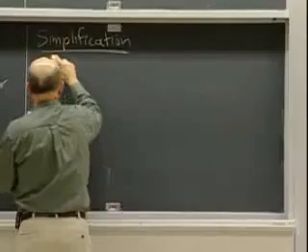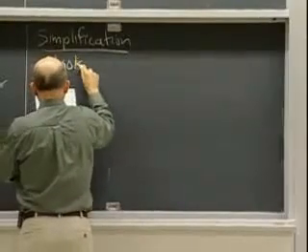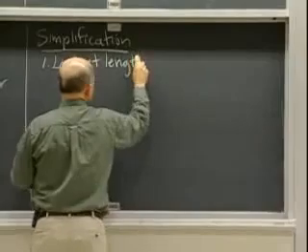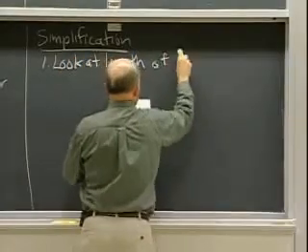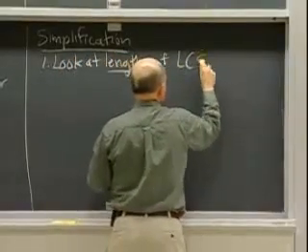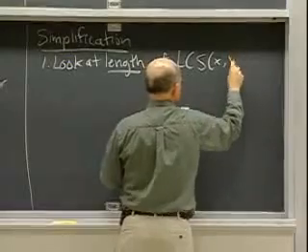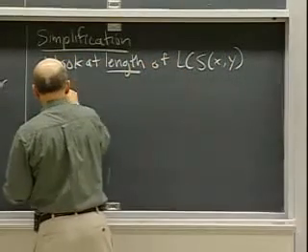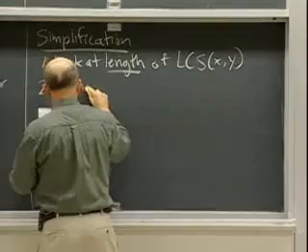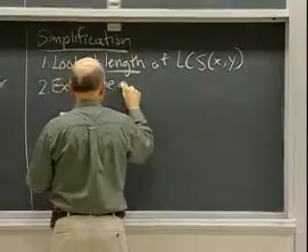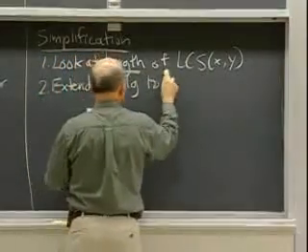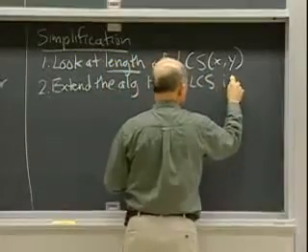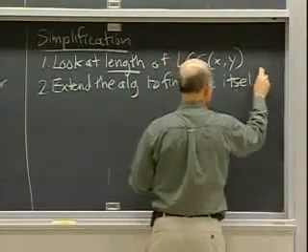And what we're going to do is look at simply the length of the longest common sequence of x and y. And then what we'll do is extend the algorithm to find the longest common subsequence itself.